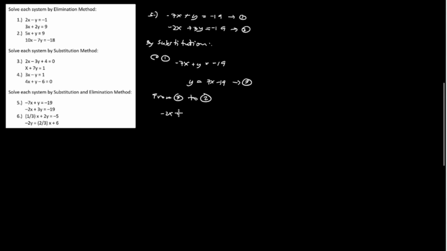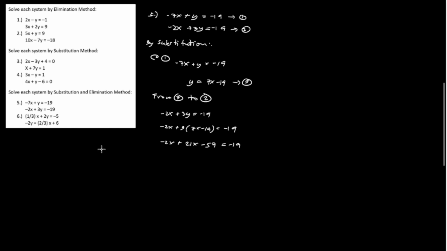Negative 2x plus 3y is equal to negative 19. Negative 2x plus 3, and equation 3, which is y, or positive 7x minus 19. So negative 2x plus 3 times 7x, or 21x. 3 times negative 19 is negative 57, and it is equal to negative 19.